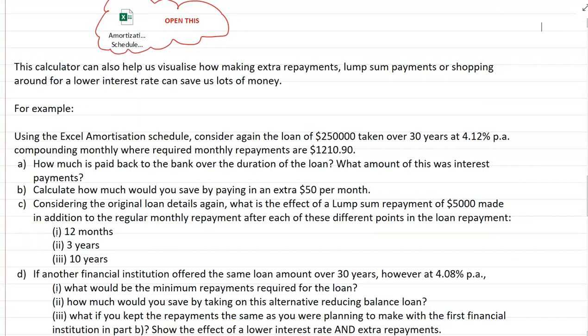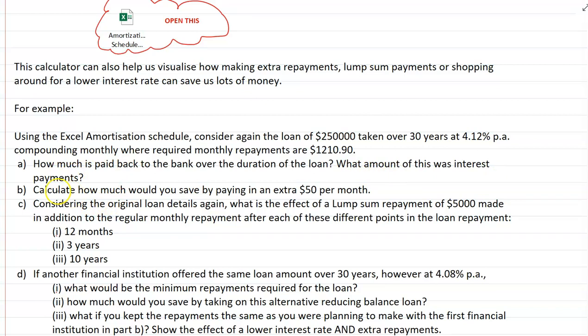Okay, we're going to use a spreadsheet to work through an example considering this loan that we looked at initially of $250,000 taken over 30 years at 4.12% per annum. Compounding monthly, where required repayments are $1,210.90. So using the spreadsheet, we'll open it back up in a second. How much is paid to the bank over the duration of the loan, and what amount of this was interest payment?